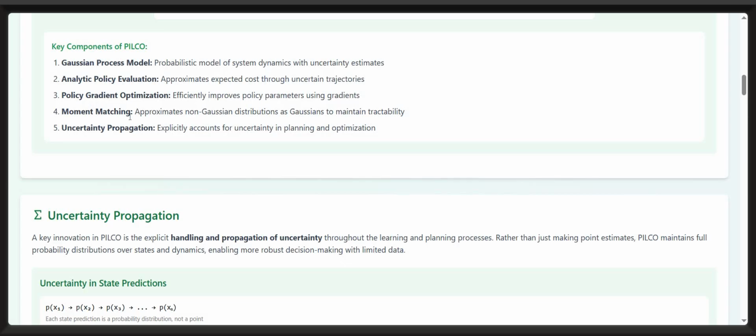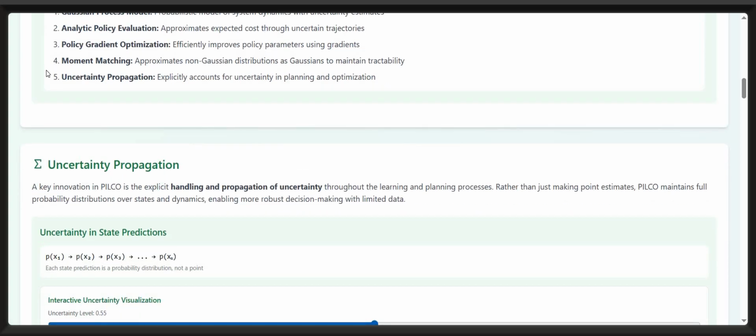Policy gradient optimization uses the evaluation results to update the policy in a direction that improves performance. And moment matching helps keep things tractable by turning complex, possibly non-Gaussian distributions into Gaussian ones. That way we can still do the math cleanly. And finally, uncertainty propagation means that we are not ignoring uncertainty, we are actually using it as part of the process when planning or optimizing.